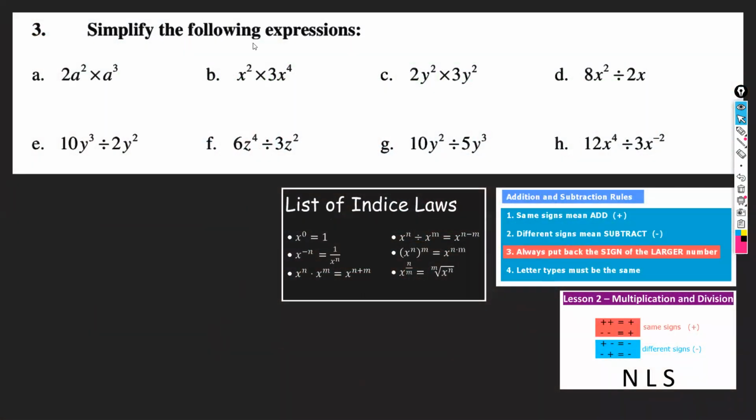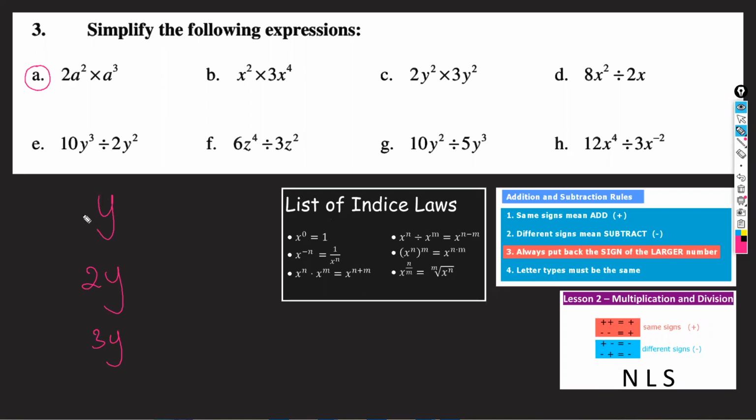All right, so we have some more questions here, right? Let me work out part E for you all, so you can get an idea of how to do it. If I have the letter Y, according to the homework, how much Y is that? Is that 1Y, 2Y, 3Y? I could write 2Y, I could have 3Y.